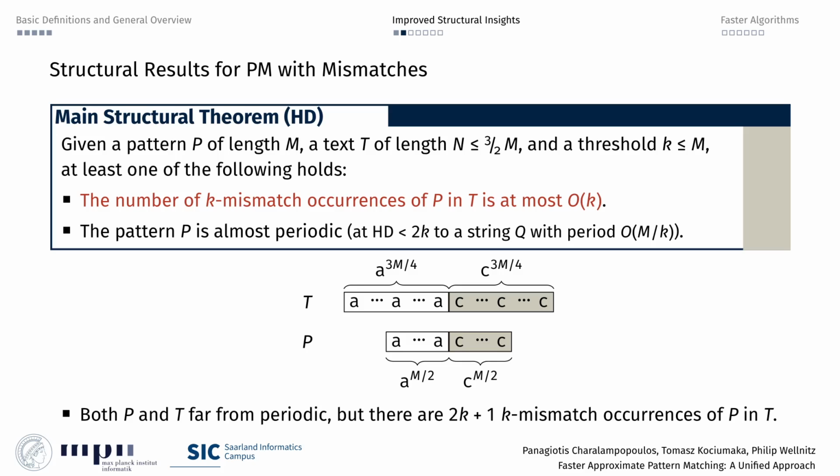Further, there's exactly one exact match of P in T, but if we allow for up to k mismatches, we can also shift P for up to k positions in either direction, resulting in 2k plus 1 k-mismatch occurrences of P in T. So, even a non-periodic pattern may have order of k mismatch occurrences in a text.